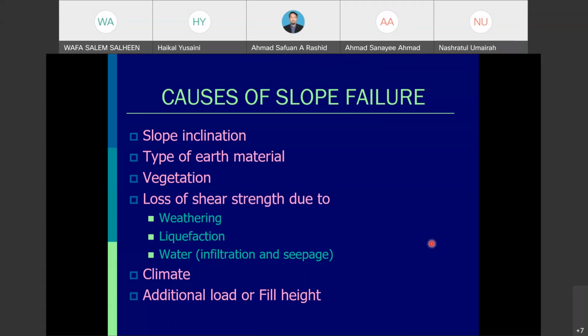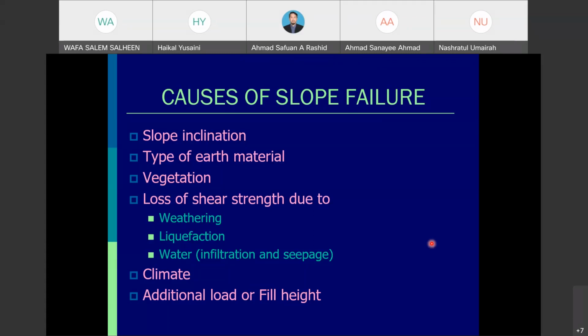Normally this situation happens due to weathering, liquefaction, and infiltration and seepage of water. Weathering is more related to rock slopes, due to hot and wet conditions and also due to the wind.